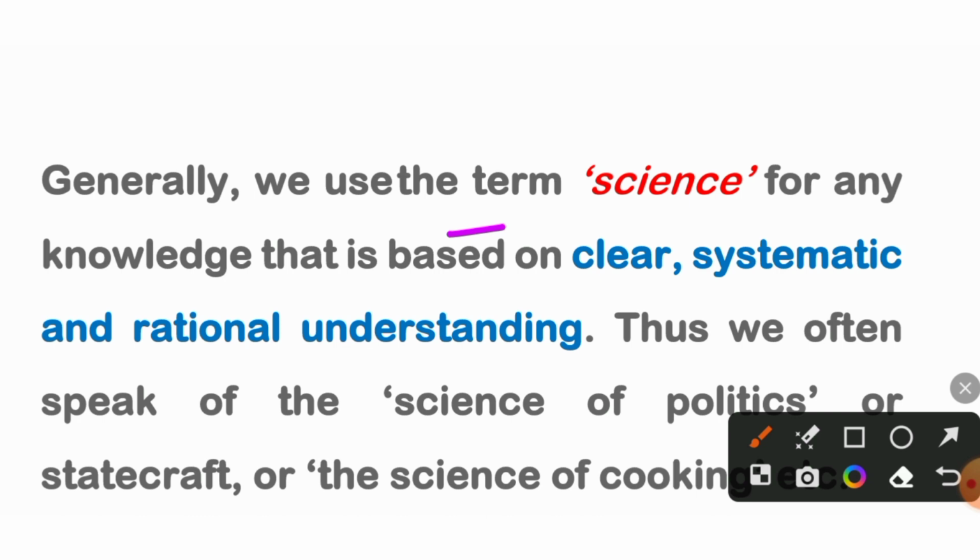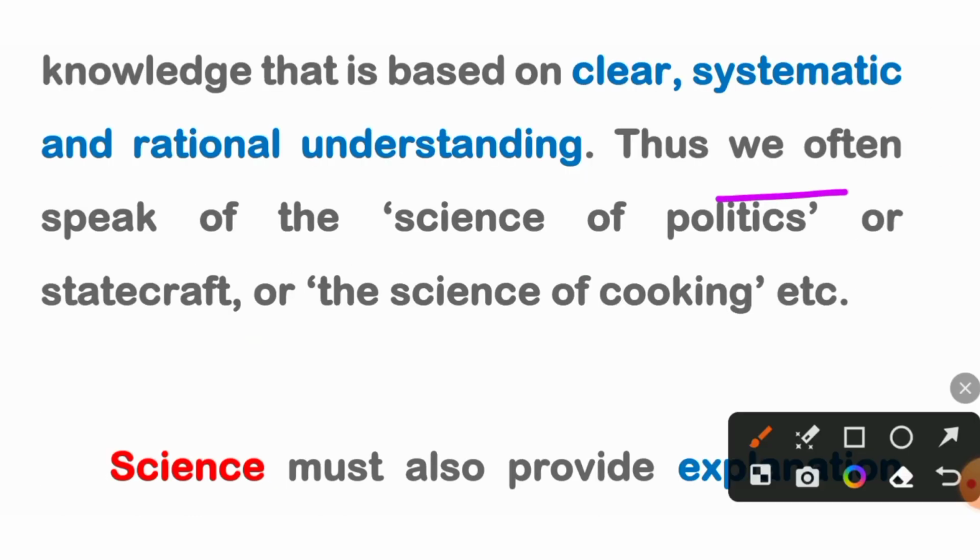Generally, we use the term science for any knowledge that is based on clear, systematic, and rational understanding. Thus, we often speak of the science of politics or statecraft or the science of cooking, etc. When we use the word in our daily life, we can say that there is no particular science involved in it.